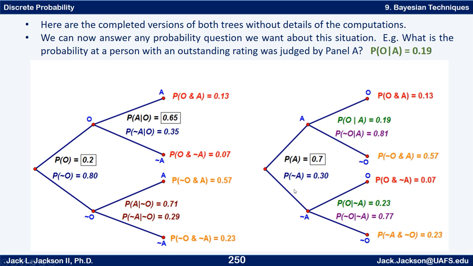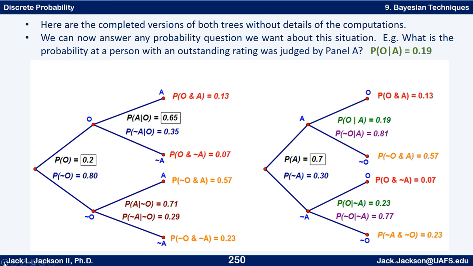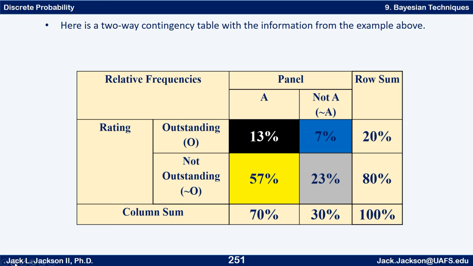These two and these two, the first ones in each tree, are what we call marginal probabilities. And the ones at the ends, these four, which are the same as these four, are the four probabilities right here in the middle. What's missing, however, are these other 8 probabilities, these four and these four right here, which are the 8 conditional probabilities. That doesn't show up in the table here.